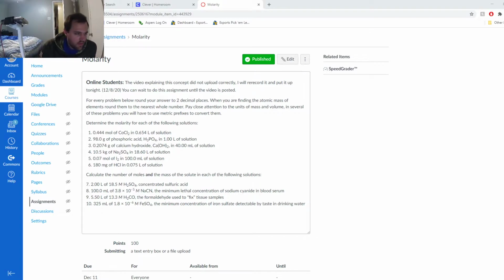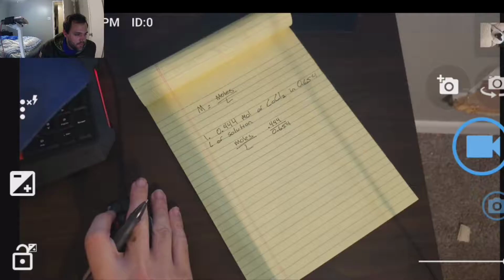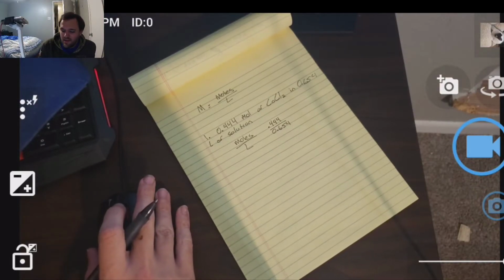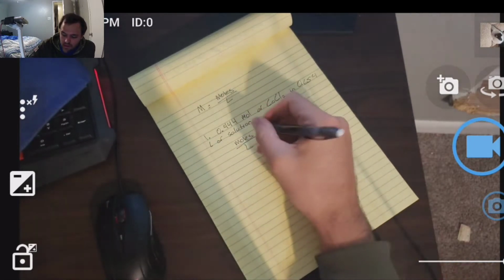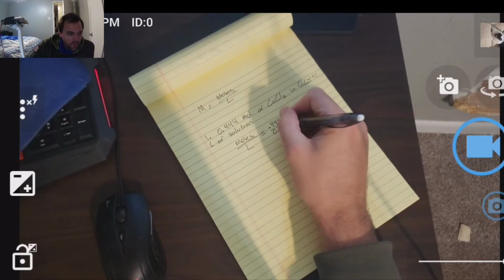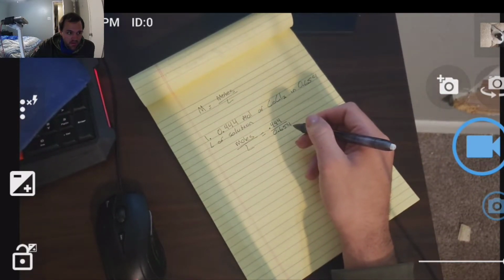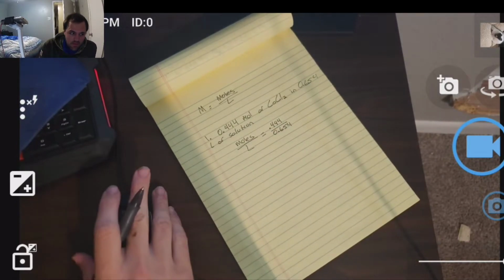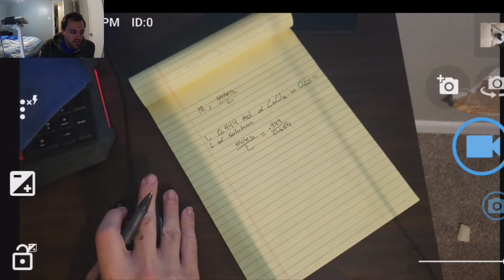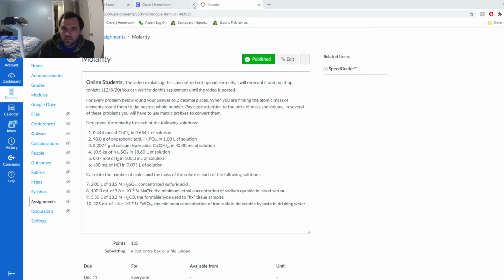Oh, I guess it would help if I showed you the page, huh? Sorry. You say moles over liters to find molarity. So we'll plug in the 0.444 moles over 0.654 liters, and when you do that division, that'll give you the molarity for this solution.